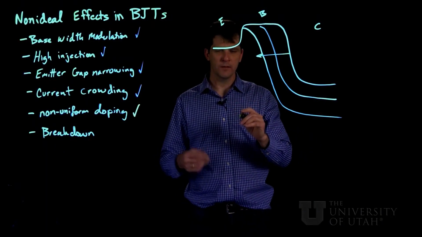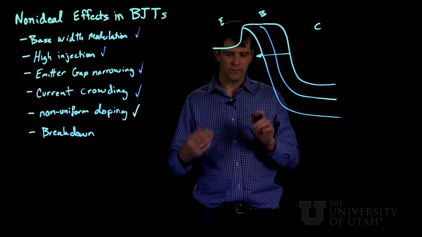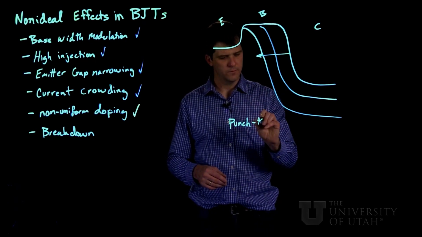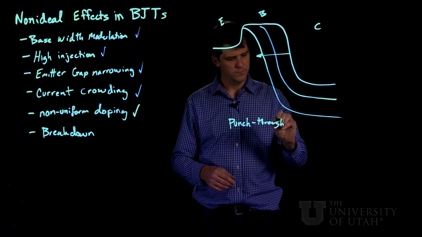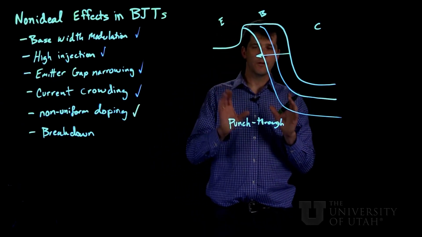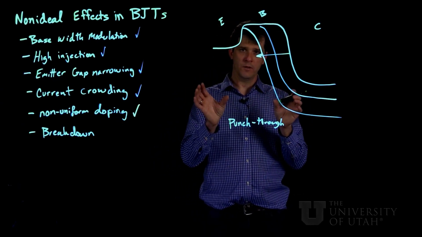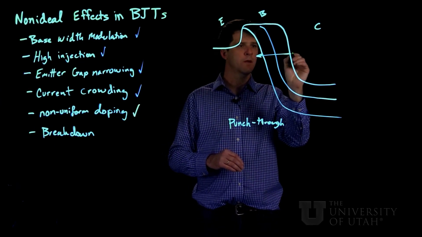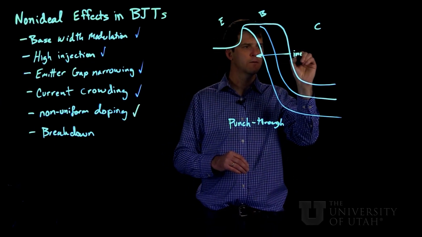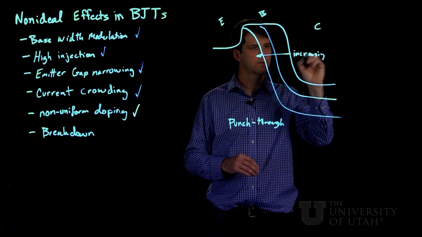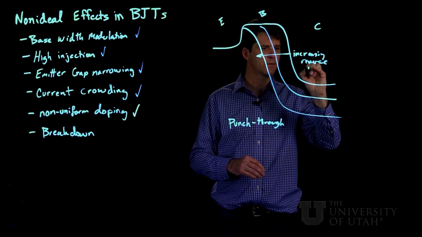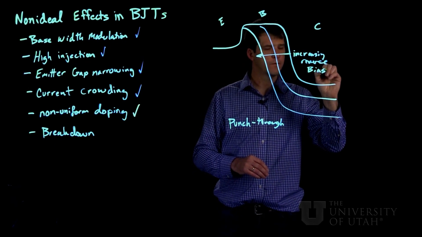So just like in MOSFETs, this is called punch-through. And you can use the normal equations for depletion widths to figure out at what voltage in increasing reverse bias this will happen.